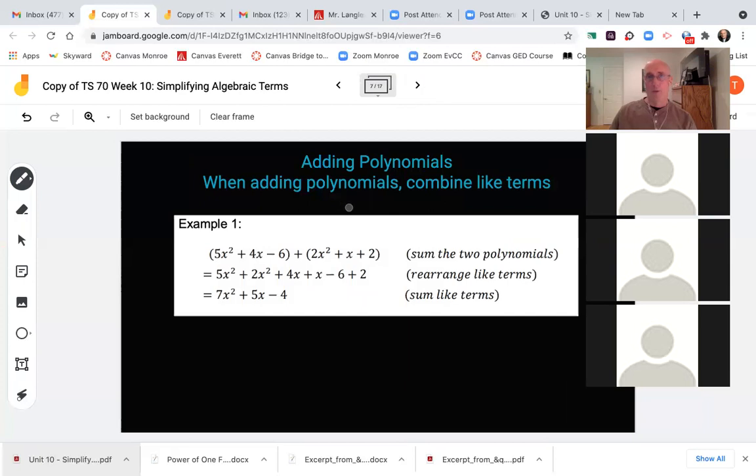All right. So this slide says, and I think I'm going to slow down a little bit here, let you copy some things. So I'm going to pause my recording and let you go ahead and copy down this, especially the title, okay, which says at the top, adding polynomials. When adding polynomials, combine like terms, okay.